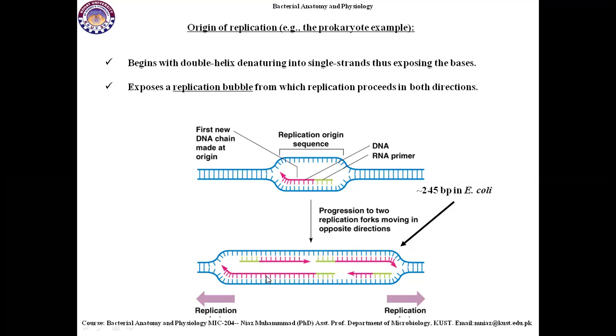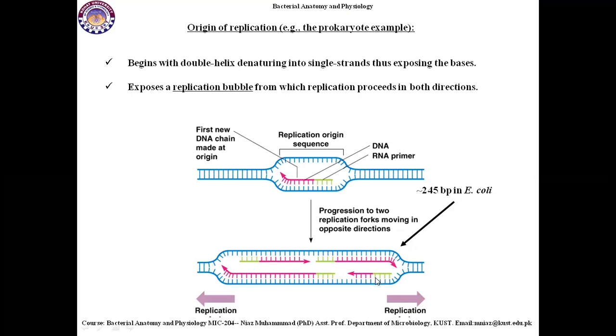This is also open. Every open direction will provide a template, and every template will work at the same time. So when replication starts from here, it will go in this direction because this side is also opening. This will open more and more, so this strand is also opening.